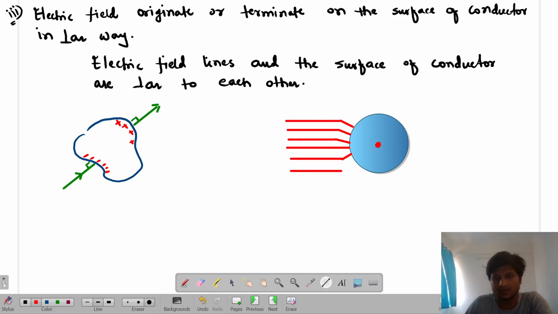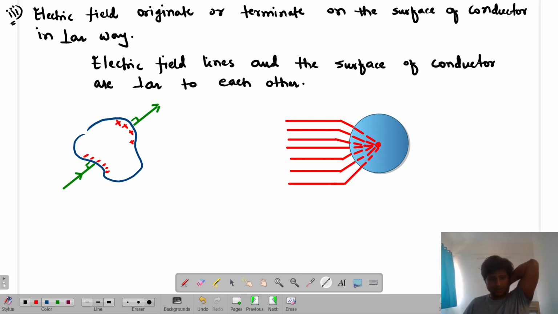Because normals are always perpendicular, towards the center. So you'll see that they are converging towards the center. So they are perpendicular to the surface. Are you able to get me?